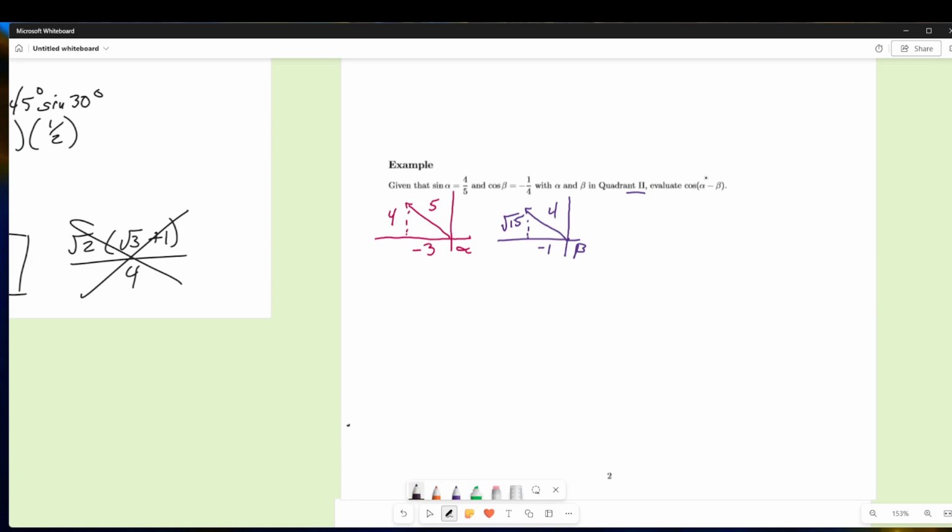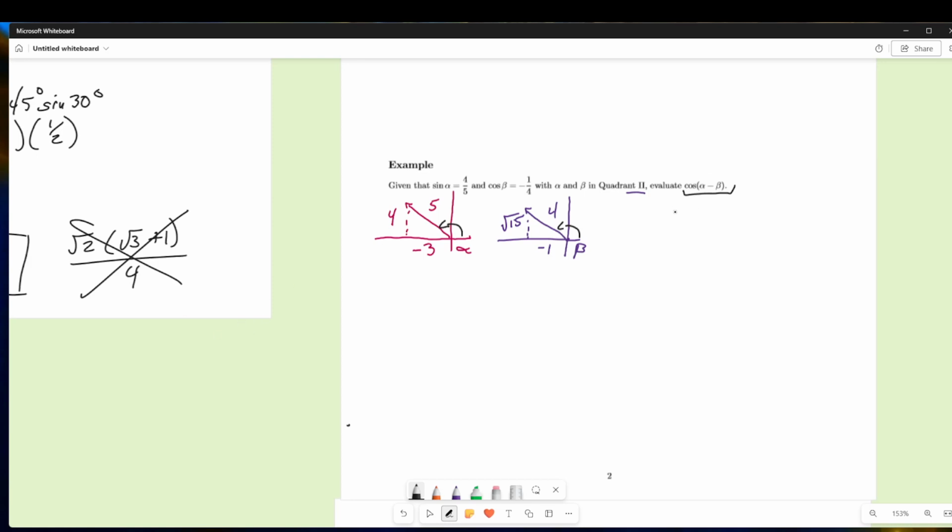So we want to evaluate the cosine of the difference between these two angles. I don't care what the angles are, and I haven't gone to any trouble to calculate them. We don't have to. We know their sine and cosine, so we can evaluate this.